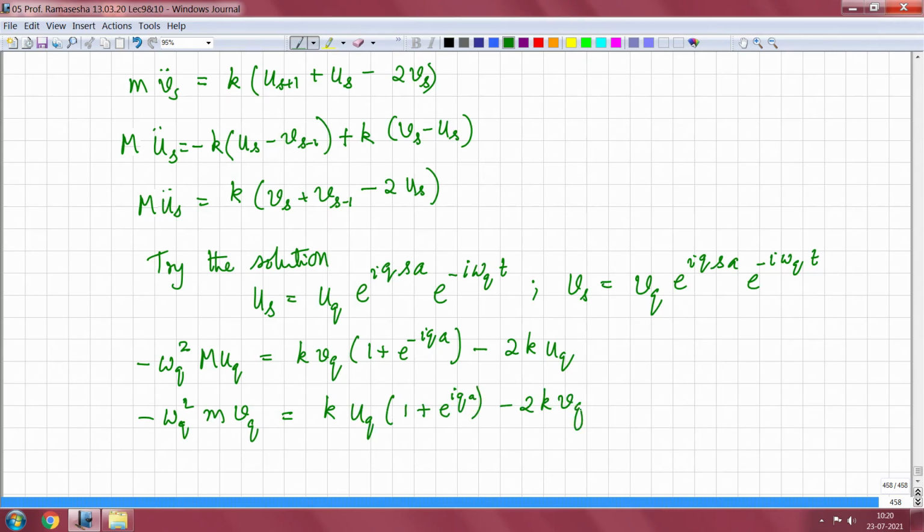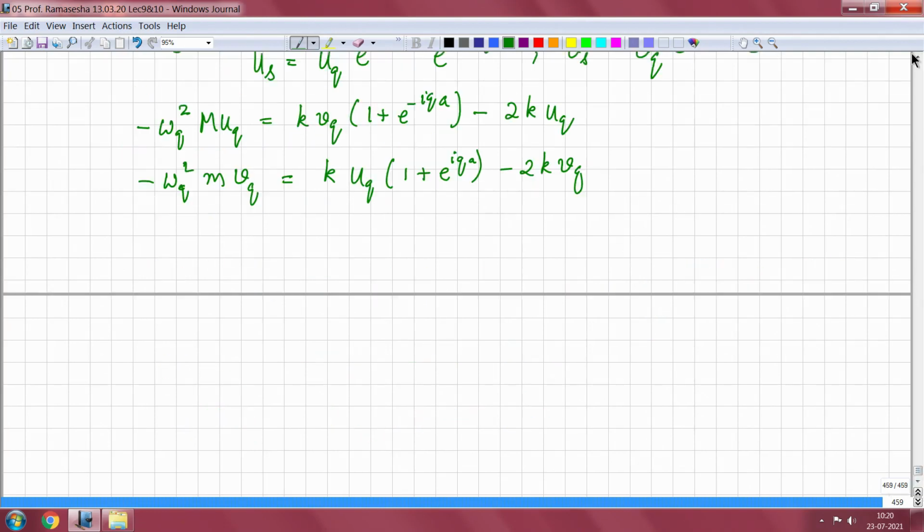I have cancelled out e to the i q s a and e to the minus i omega q t on both sides, and that is how I get this equation after substitution.